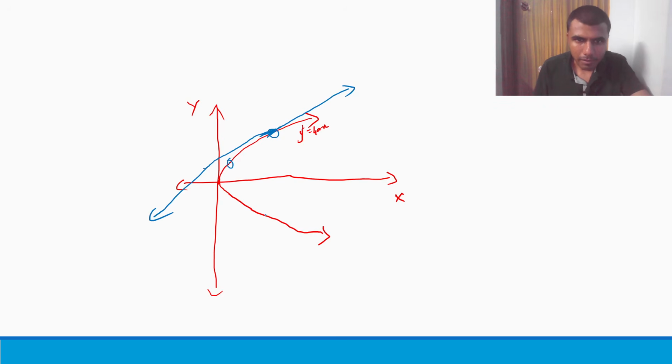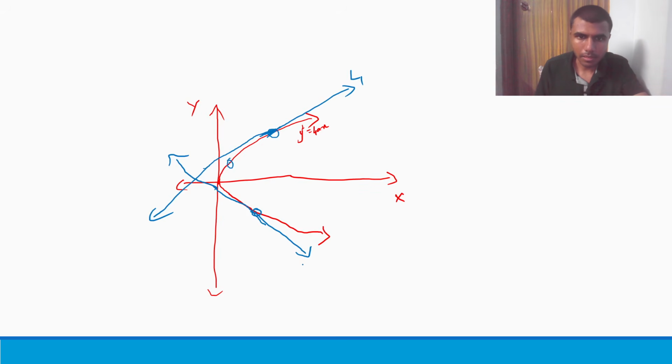Likewise, take one more point like this, somewhere here. Now a tangent here. It would be somewhere like this. It's not exact and not that good, but something to understand. This is the second tangent.